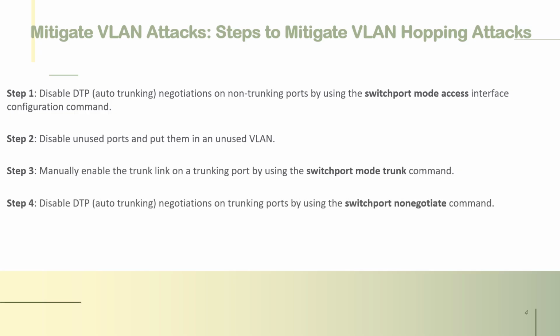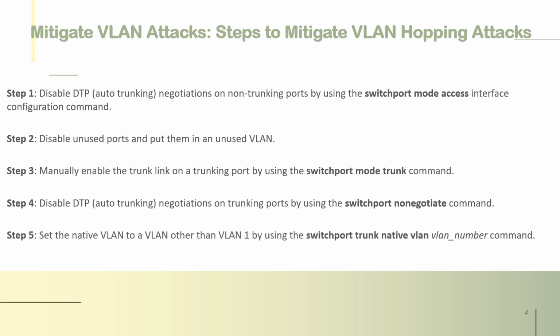The fourth step is to disable Dynamic Trunking Protocol auto-trunking negotiation on trunking ports by using the switchport nonegotiate command. And then at step 5, we have to set the native VLAN to a VLAN other than VLAN 1 by using the switchport trunk native vlan command followed by the VLAN number.